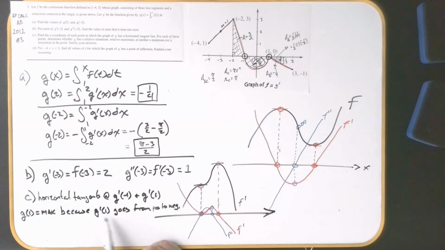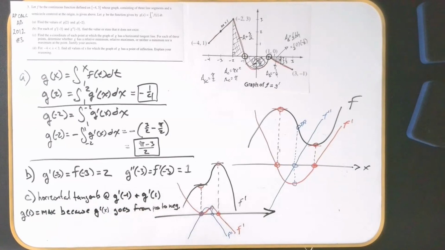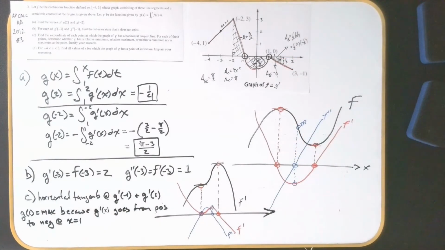So because g prime, sorry, not g prime of 1, g prime of x, goes from positive to negative. Just for neatness here, I'm going to go ahead and make the next line here. G of 1 is equal to a max because g prime of x goes from positive to negative at x is equal to 1. Okay, so my derivative is going from positive to negative. That had to make a max on g of 1.